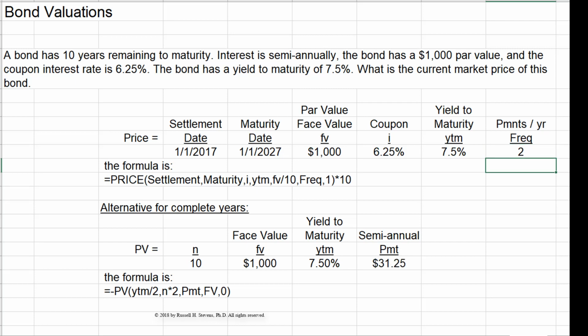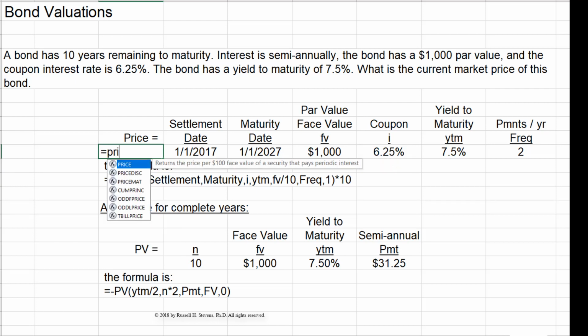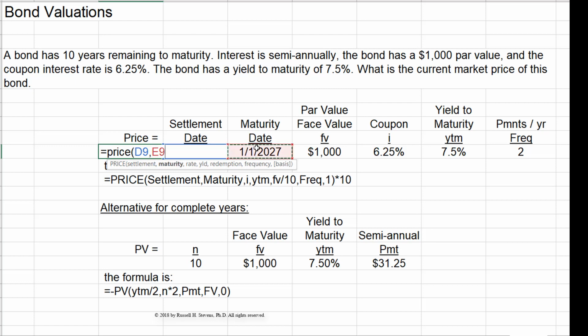The formula to determine the price of this bond is shown 2 lines down. Highlight the workbook cell under Price. Type an equal sign followed by PRICE and an open parenthesis. Highlight the 1/1/2017 and enter a comma. Highlight the 1/1/2027 and enter a comma.